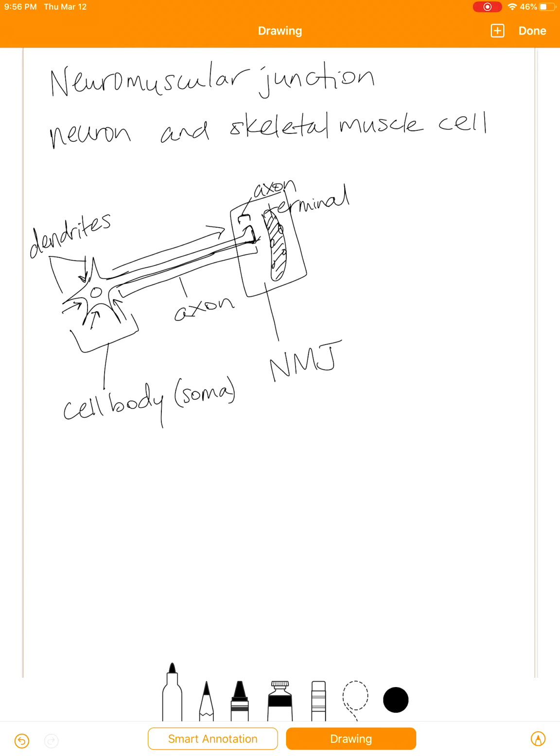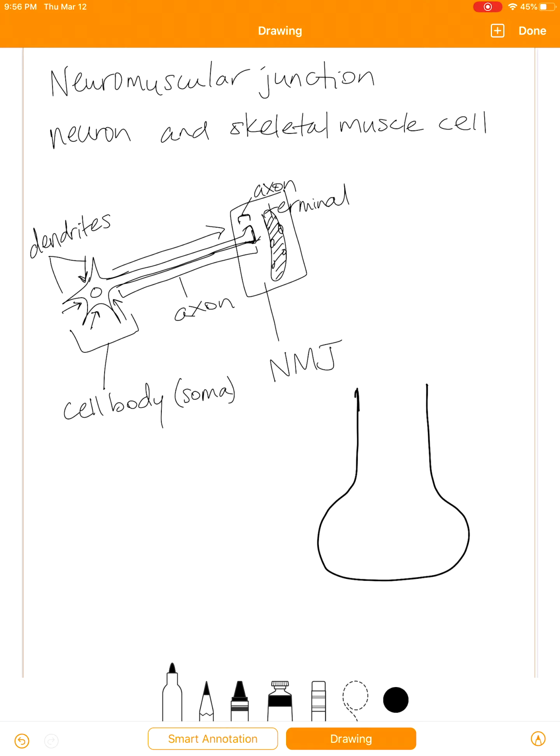So I'm going to blow up the neuromuscular junction a little bit and draw it down here. So let's start with the axon terminal. So that's what I'm going to be drawing right here. So I have my axon, and here's that bulb-like axon terminal at the very bottom.